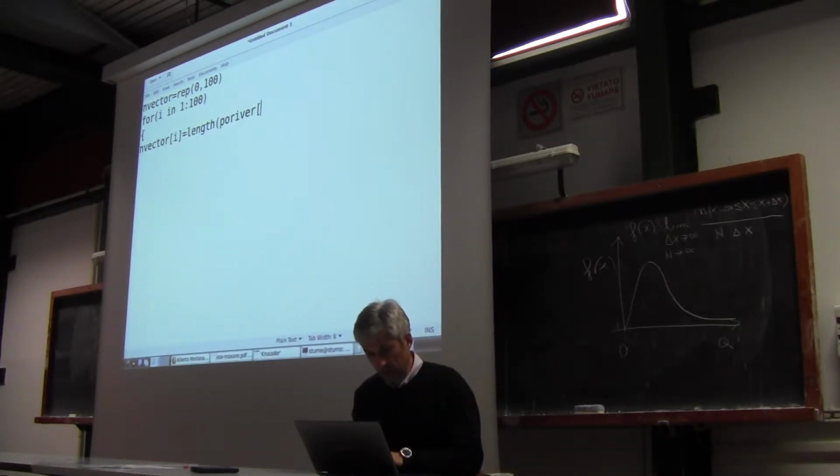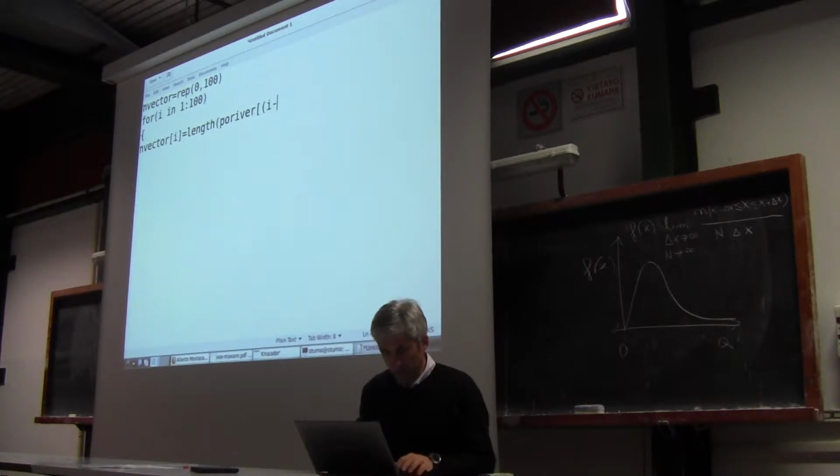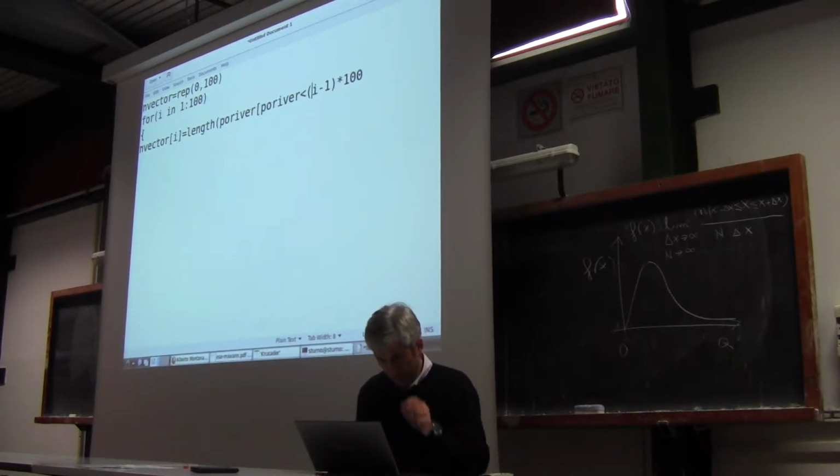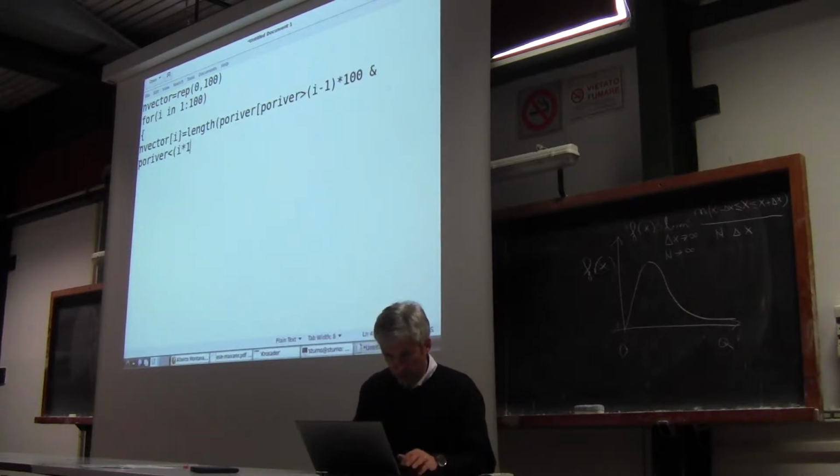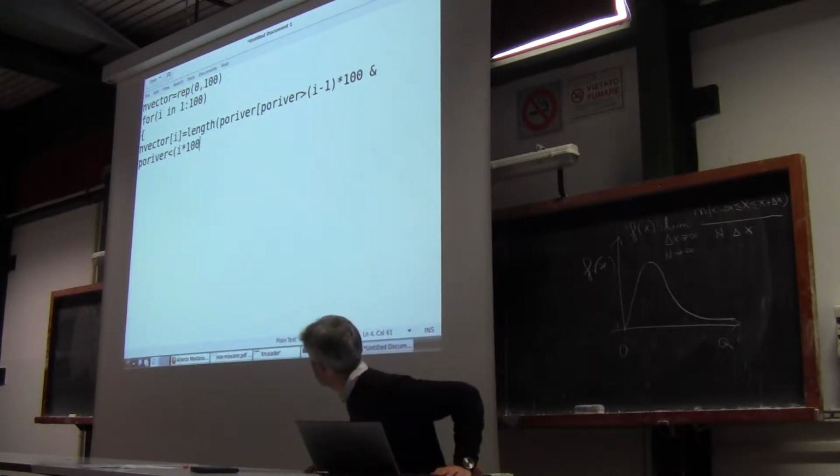So I suggest that we use this: for river greater than or equal to (i minus 1) times 100, and for river less than i times 100. It should work in this way. Can you read it? Yes.